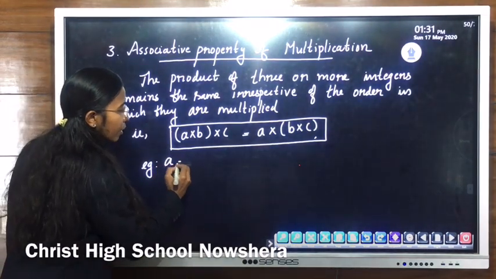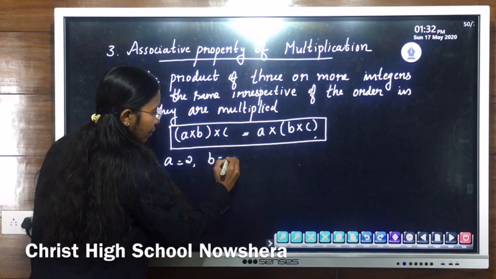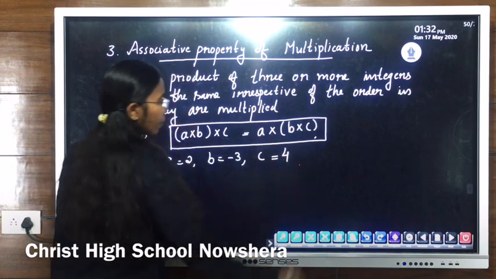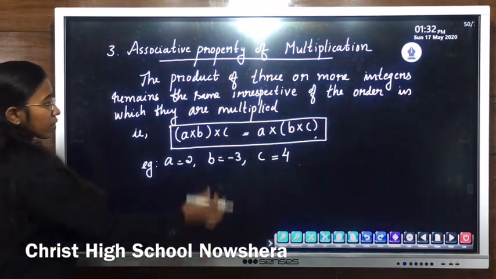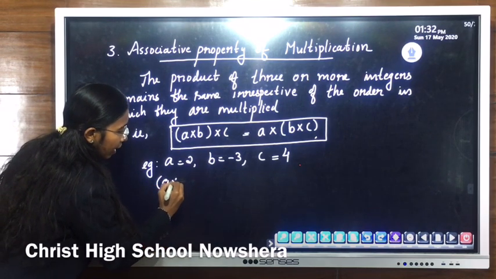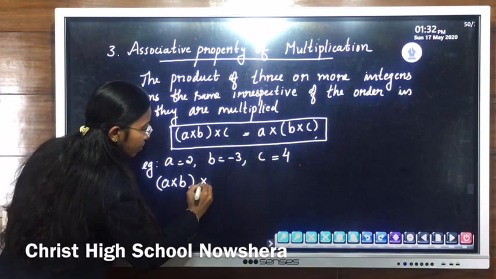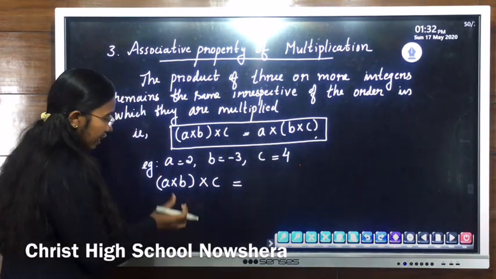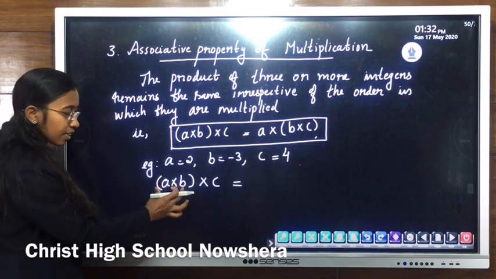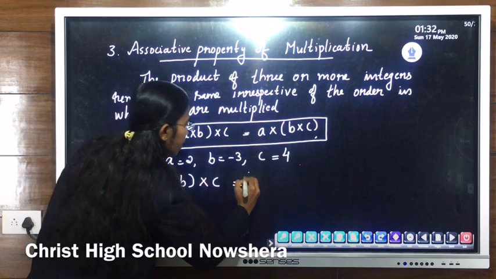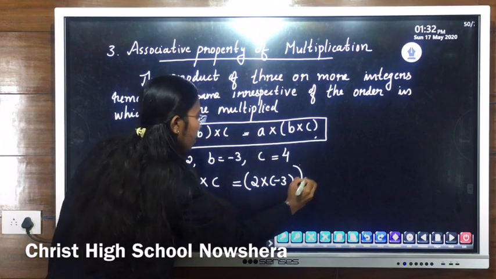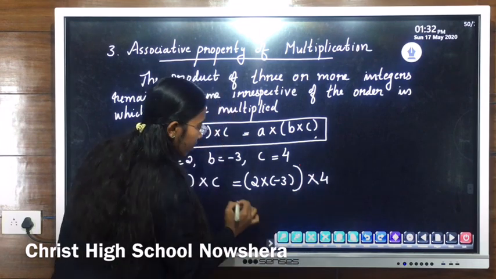Here we are taking a is equal to 2, b is equal to minus 3, and c is equal to 4. So first I am taking this LHS part, that is (a into b) into c. Here inside the bracket is a into b, so what is inside the bracket, we are doing that first. Here 2 into minus 3, into 4.